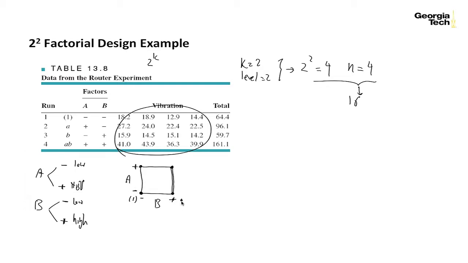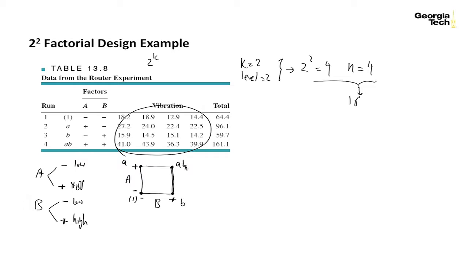When B is high and A is low, it's going to be b times 1, which is b. If A is high and B is low, which is this corner, it's going to be a times 1. And if both of them are high, it's going to be a times b.